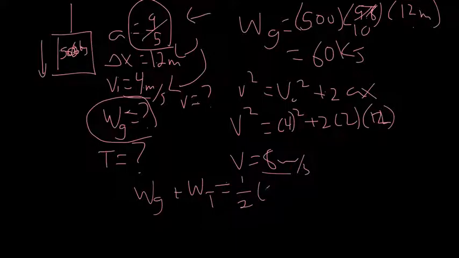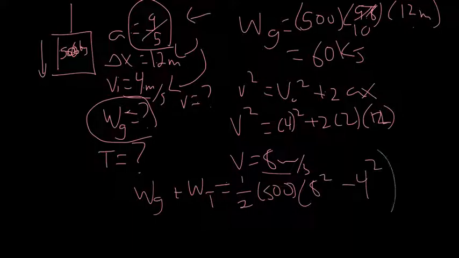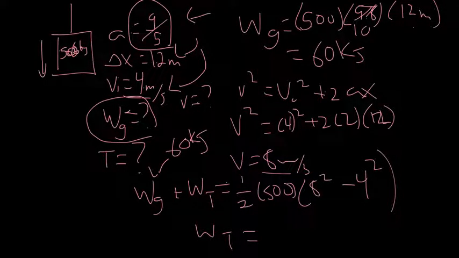So 1/2 times 500 times the change in velocity squared. So that would be 8 squared minus 4 squared. Okay, I also know that the work done by gravity is 60 kilojoules, or 60,000 joules. And so now I can go ahead and actually solve for the work done by tension. And we get negative 48,000 joules, or negative 48 kilojoules.